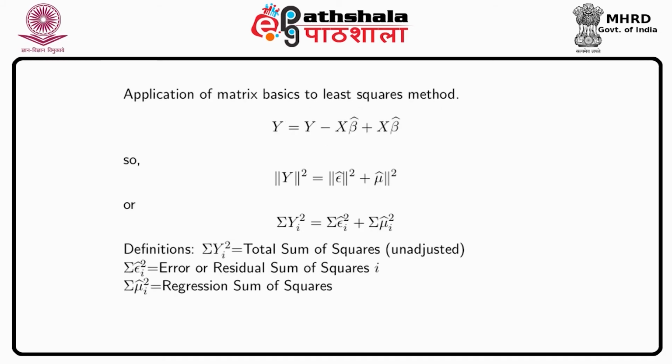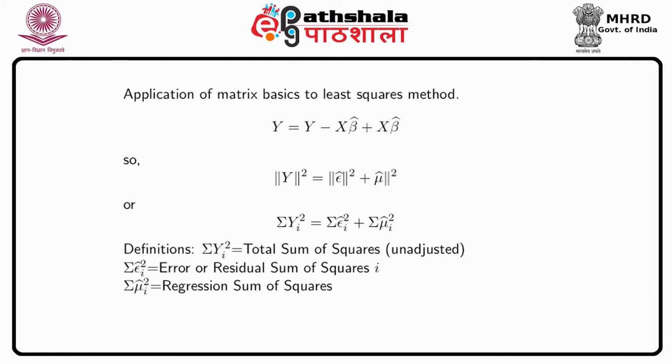Now, the above mathematical basics can be put to use in the case of linear models. Suppose the y vector, which is the vector of responses, is written as (y minus x beta hat) plus x beta hat. We've seen before that y minus x beta hat is the difference between the observed y and the estimated y.